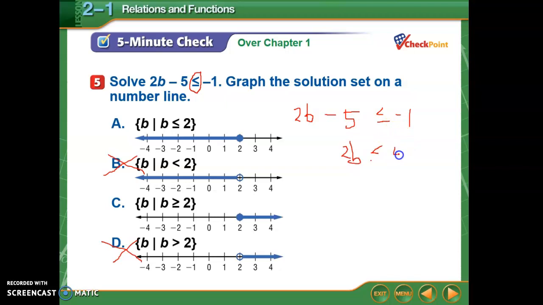That gives you 4. And then your last step, divide both sides by 2. So b is less than or equal to 2. Okay? So our answer here is letter A.